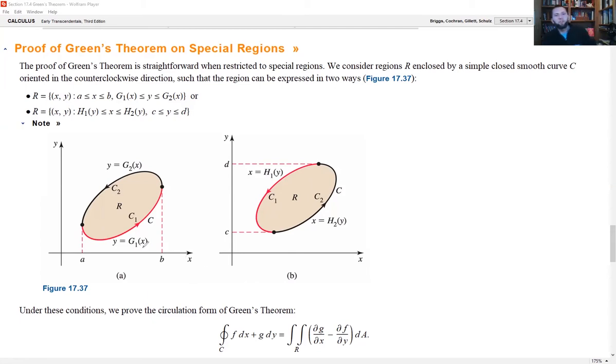So notice, for the sake of these descriptions, that we're going to call this lower part here C1, and we're going to call this upper part C2. And so you could think about C as being C1 plus C2.